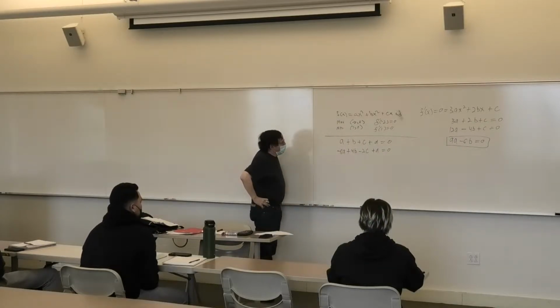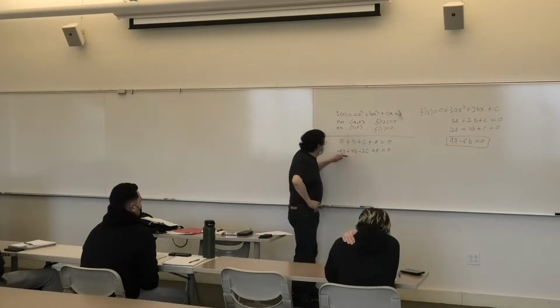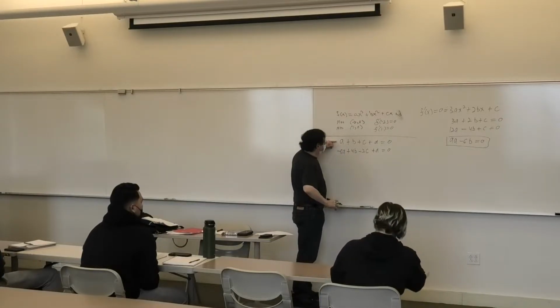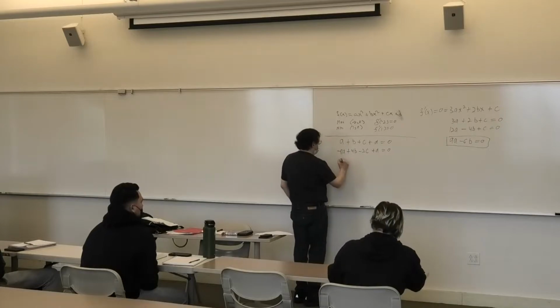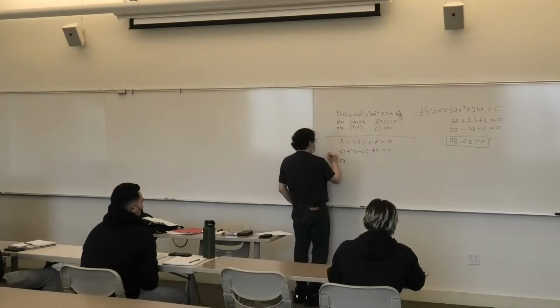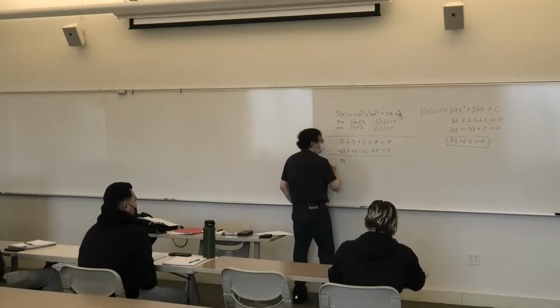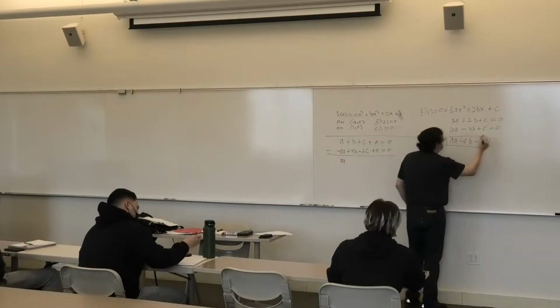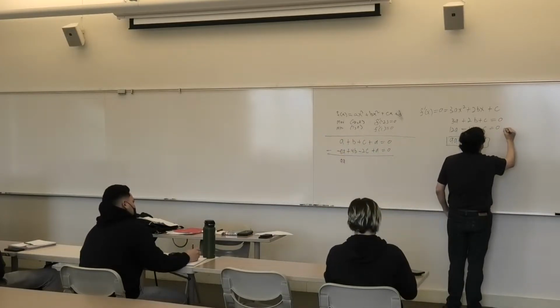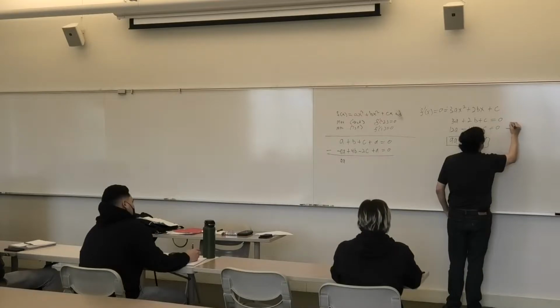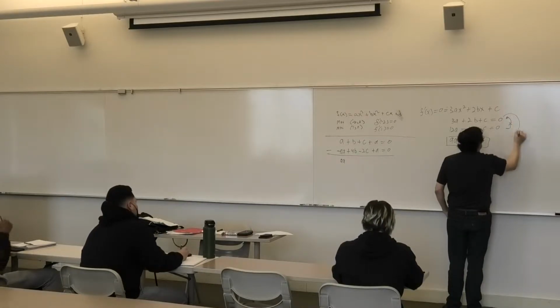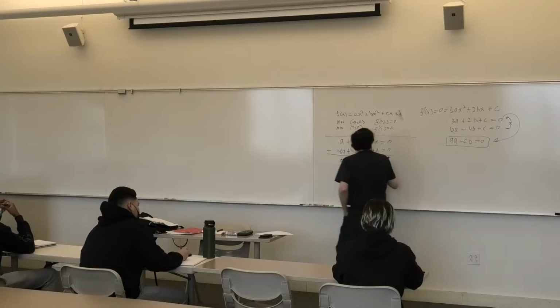Okay, what can I do with that? Well, again, I can pull this trick. Let me subtract this from this. That's going to be 9a minus 3b, and that'll get rid of the d.